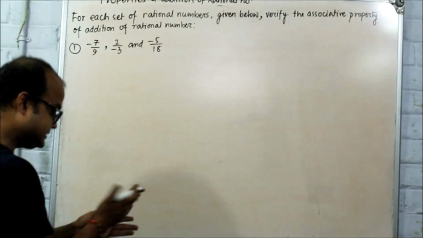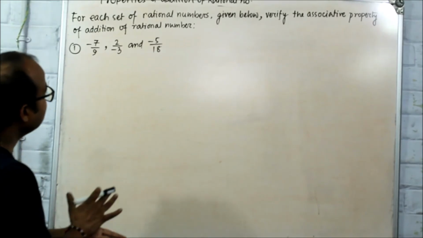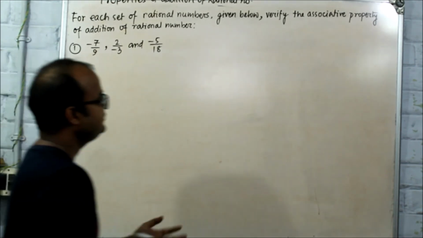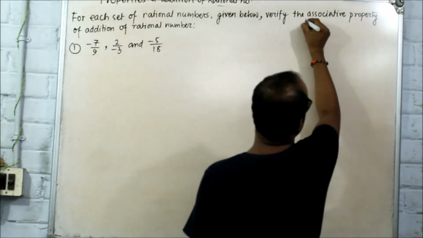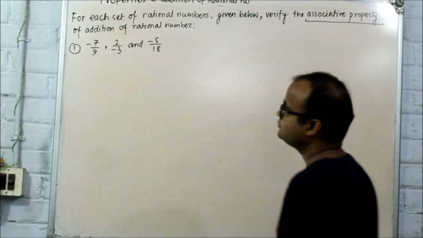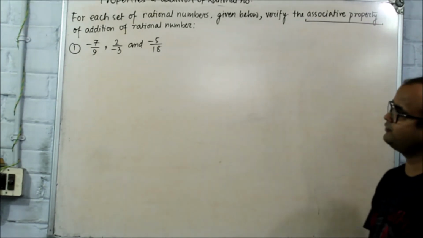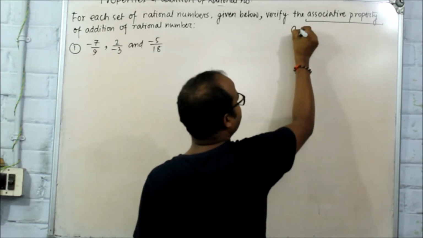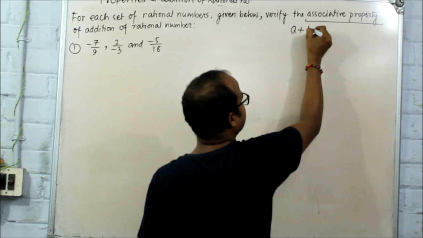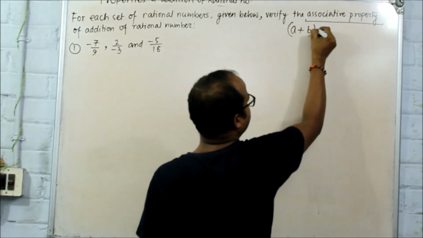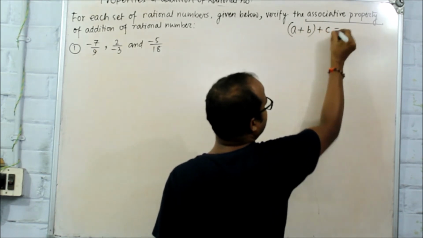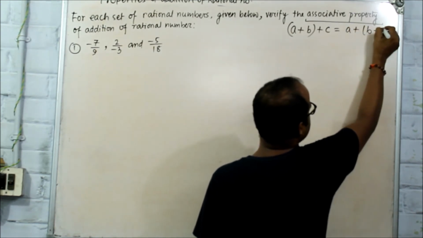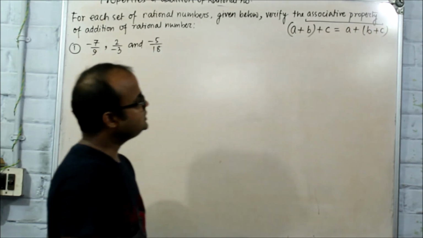Let us discuss this problem. For each set of rational numbers given below, verify associative property of addition of rational numbers. So what is associative property? A plus B plus C is equal to A plus B plus C, with the brackets in different places. Now what does it mean?